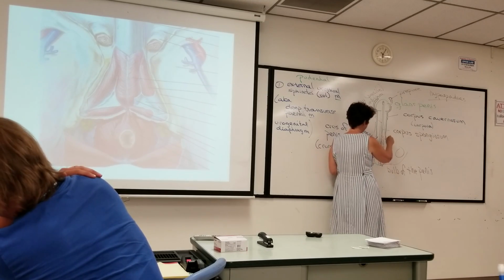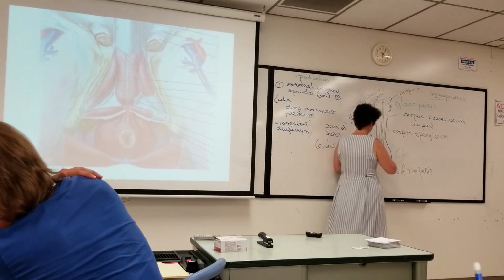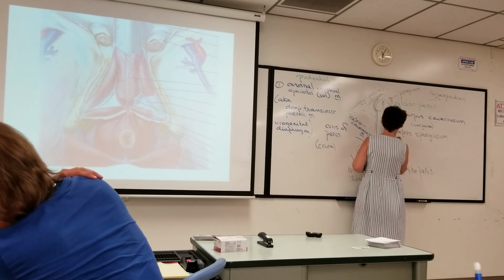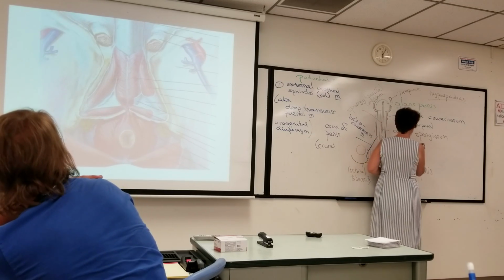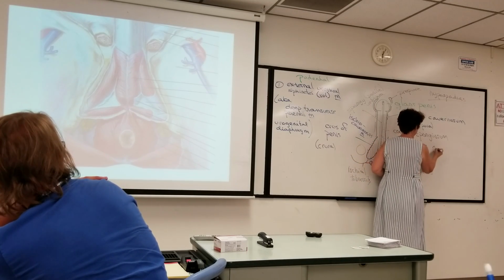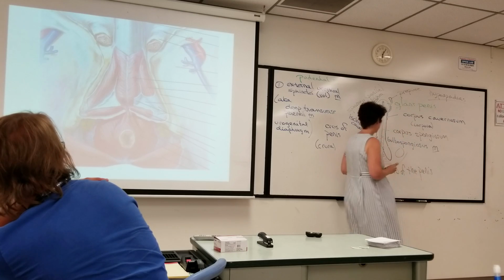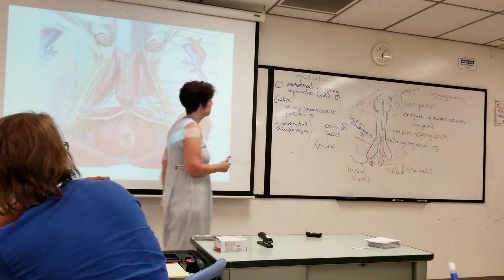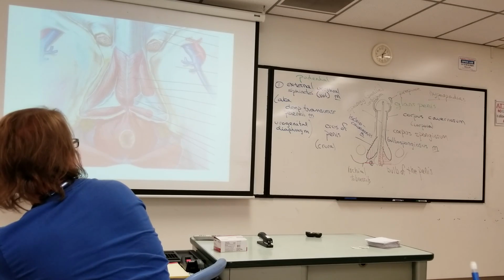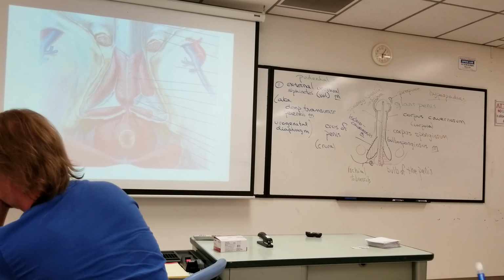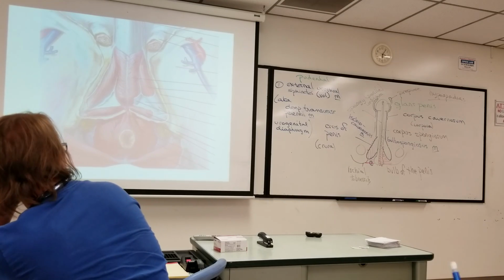Goes partway up the shaft there. That's also skeletal muscle, voluntary, innervated by the pudendal nerve as well. And when we talk about ejaculation, in a little bit, the pudendal nerve is the one that innervates it, so we're going to be diagramming that on the board.